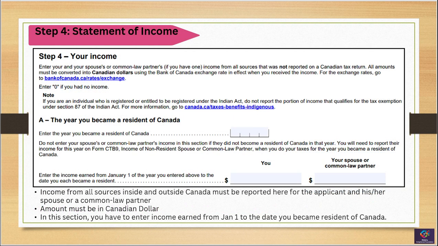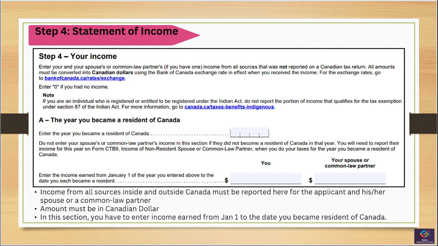Moving on to step 4. This relates to the statement of income, one of the most important steps of this entire presentation. As per Canada tax laws, the benefits are calculated based on your last year's income. Now, since you're a newcomer to Canada, the Canada Revenue Agency (CRA) does not possess any information about your income prior to your date of landing.